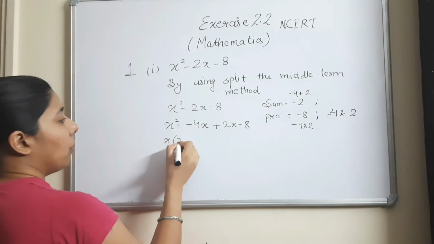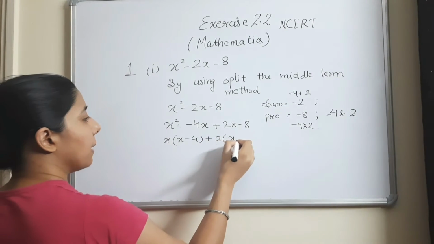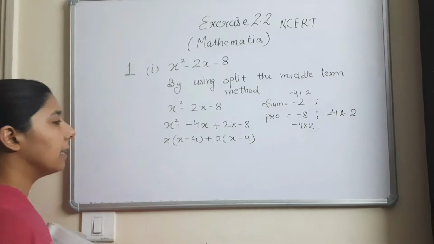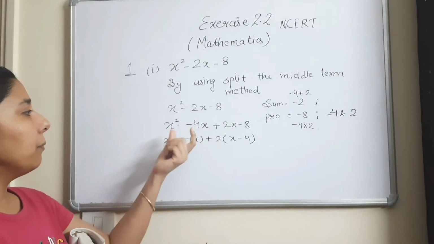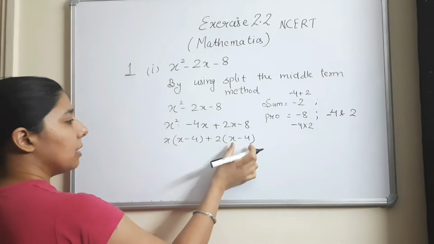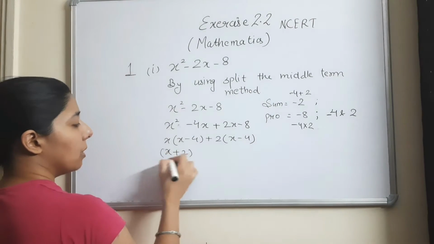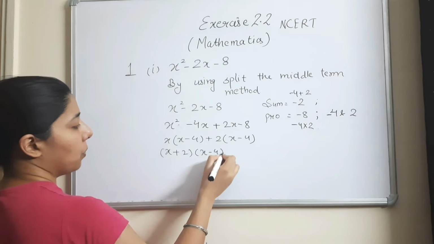Take x common from here, x minus 4 and plus 2, x minus 4. We have taken 2 from here and x from here common, and better make both of these brackets same. Next write x plus 2 and x minus 4.